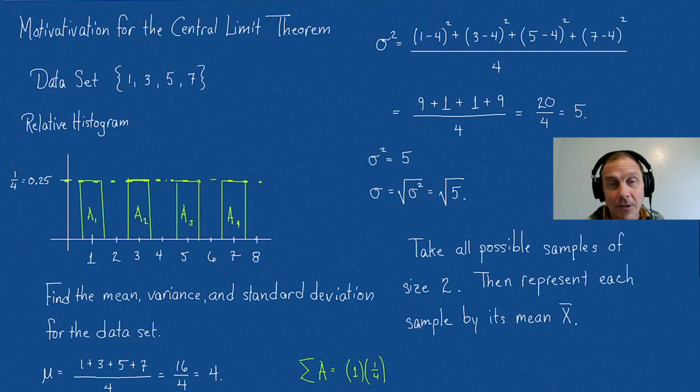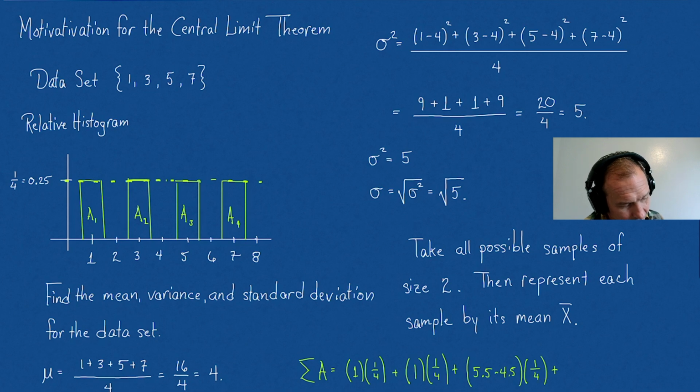So this would be for the first one plus the second one, which again has a width of 1, a height of 1/4, plus the third rectangle goes from 5.5 minus 4.5, that's where I'm getting my width of 1, times its relative frequency of 1/4, plus the final bar, the area of rectangle 4, which is also 1 times 1/4.